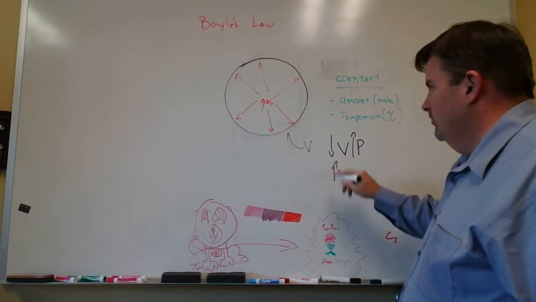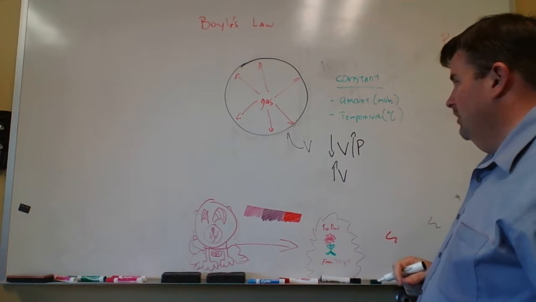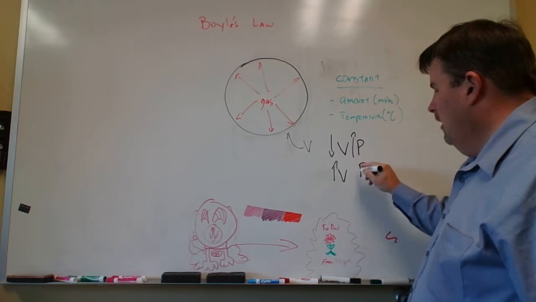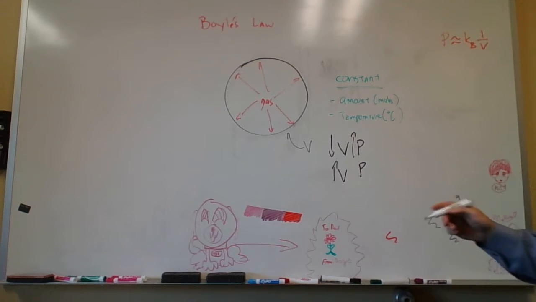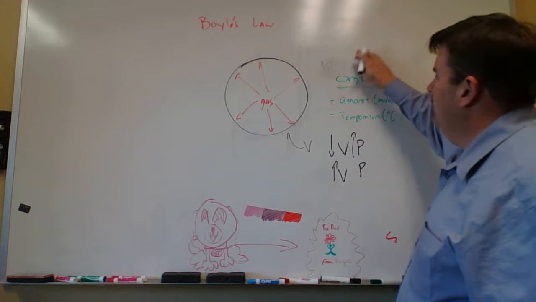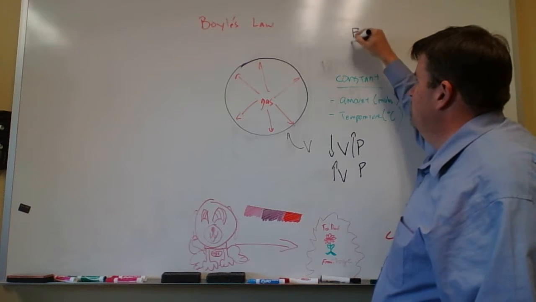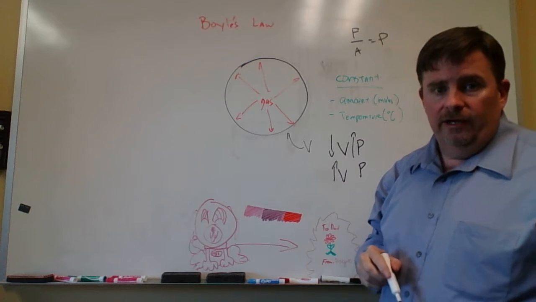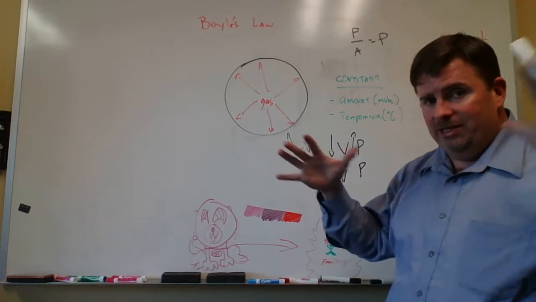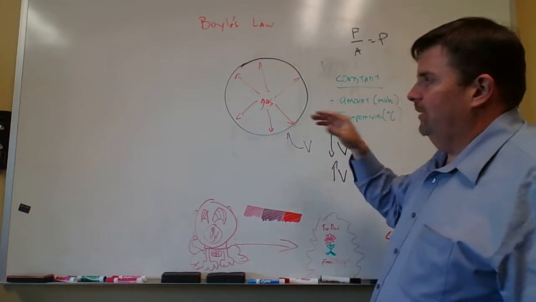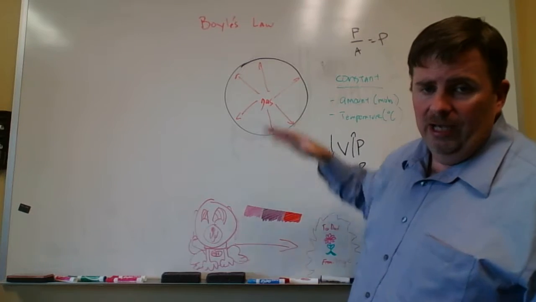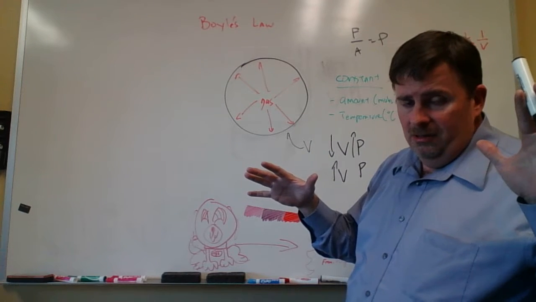The same type of thing. If the volume goes up, and I don't change the amount or the temperature, what's going to happen to pressure? Well, if you remember, we had a relationship between force over area is equal to pressure. Now, if I take my magical sphere and I increase the inside, I'm increasing volume, but the amount of surface area on the inside of the sphere increases too.